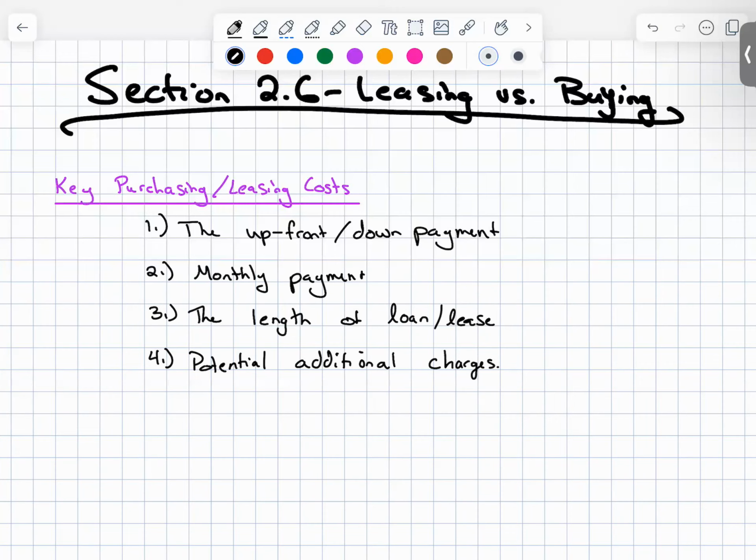And especially when you consider that 20% back in the day, when houses were cheap, it was fine. A $20,000 down payment on a $100,000 house is still a lot of money, but you could save up $20,000. But in places like New York or California, where a house costs $1 million, do you know anybody off the top of your head who has $200,000 to put down on a house?